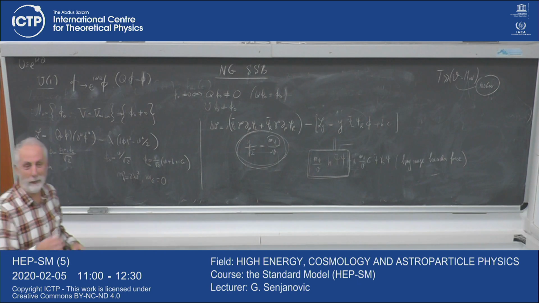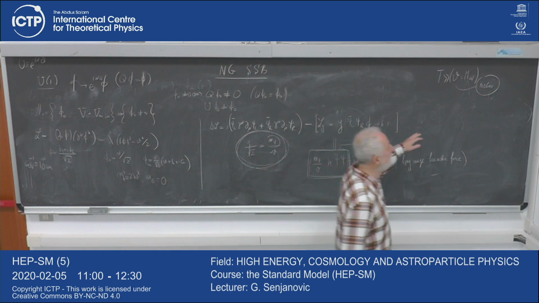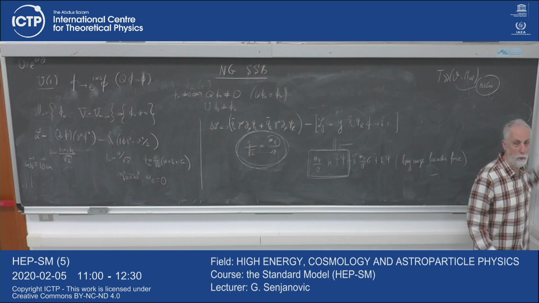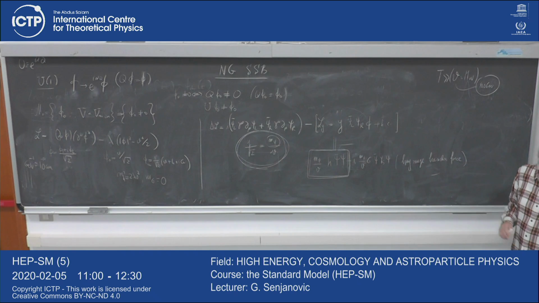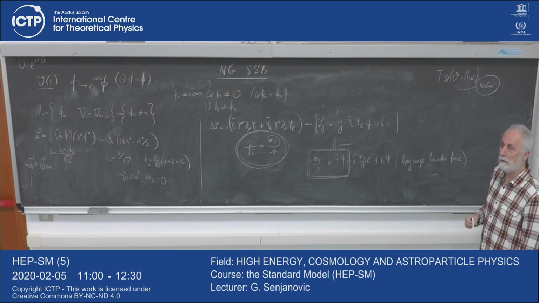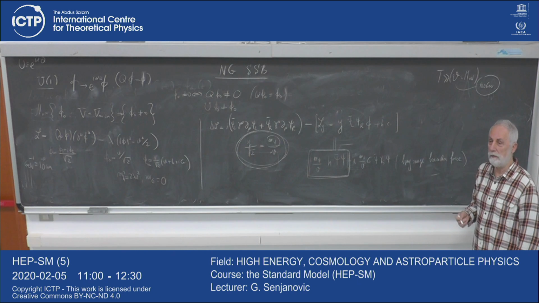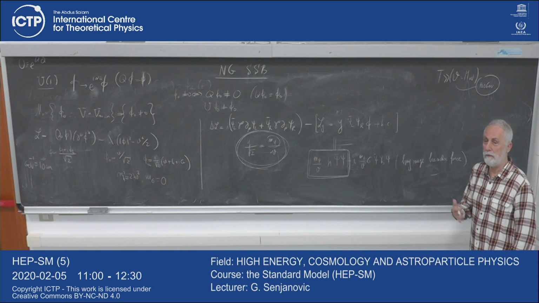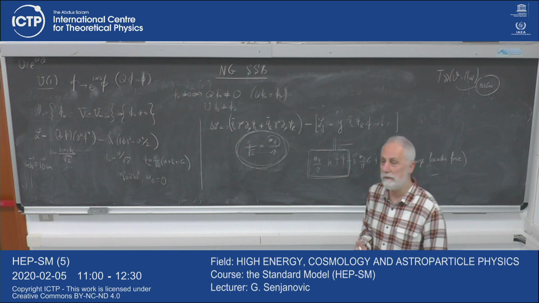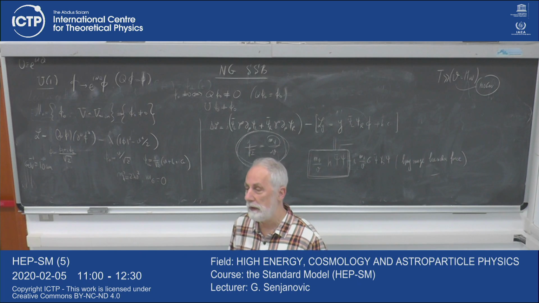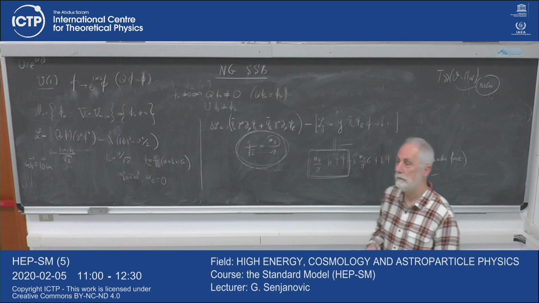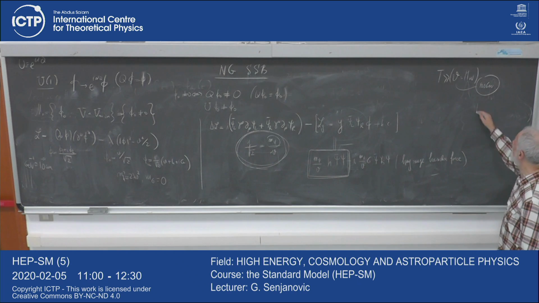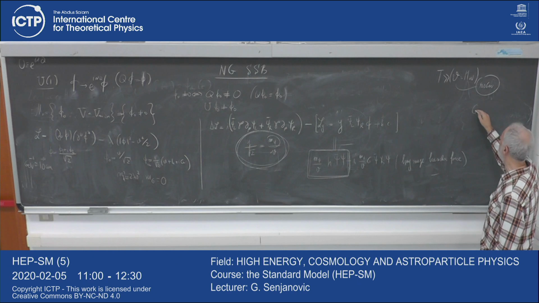I don't know if you have an idea about the scale of the temperature. You know the temperature in these units? For example, the background radiation. That's a very small temperature, right? It's about a Kelvin. You know how big is a Kelvin in GeV? Or in other words, how many Kelvin is a GeV?